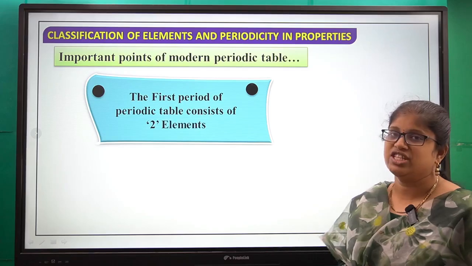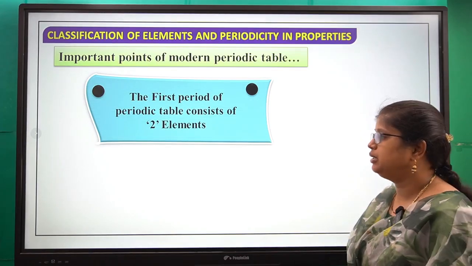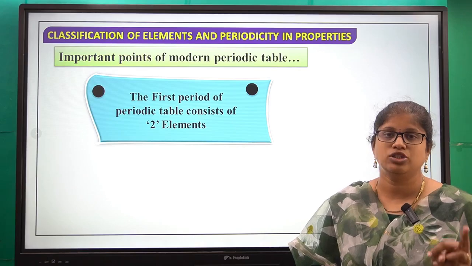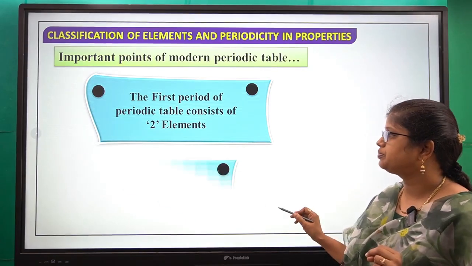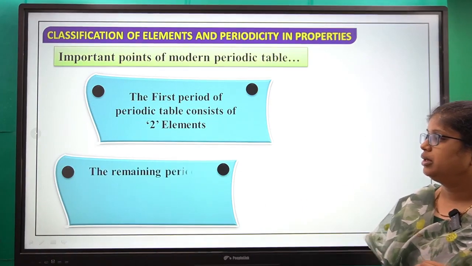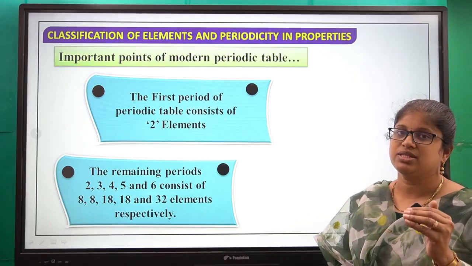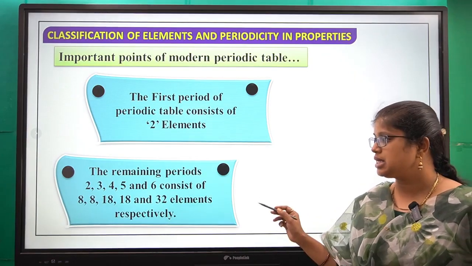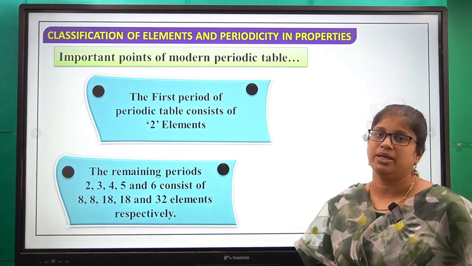Now, the first period of the periodic table consists of how many elements? Only 2. What are those? Hydrogen, helium. Okay. Next, the remaining periods from 2nd to 6th consist of different numbers of elements.